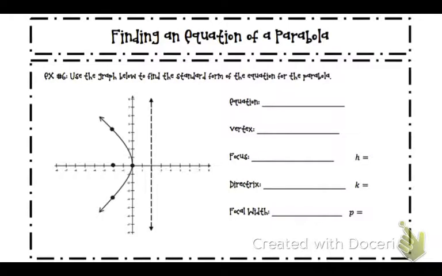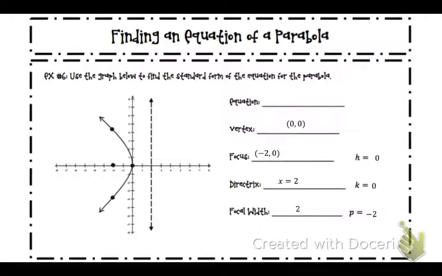Let's do this one. So we're given this graph. We need to find everything, and then we can write the equation for it. So my vertex is 0, 0, which means h equals 0 and k equals 0. My focus is -2, 0, which means p equals -2. My directrix is x equals 2.